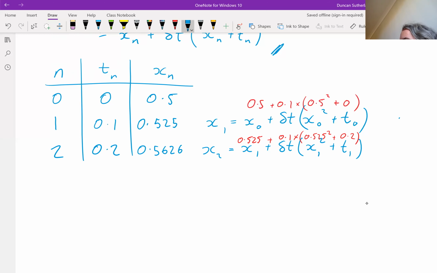You'll note, however, that I've actually included a lot more decimal points than I'm writing down. So if I were to look at this one, for example, it's actually 0.5625625.